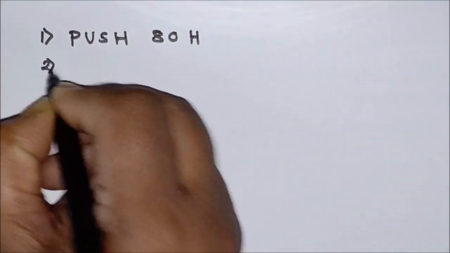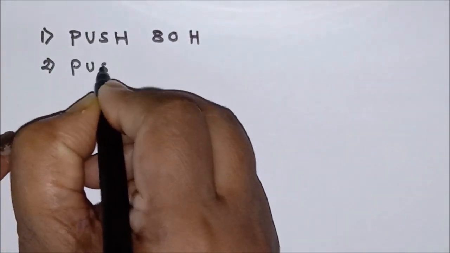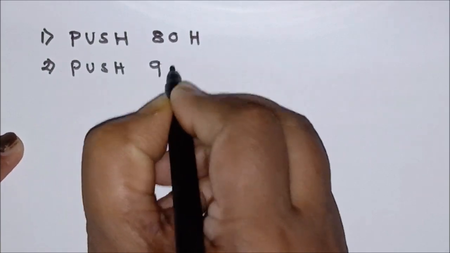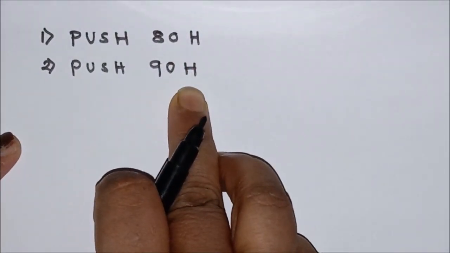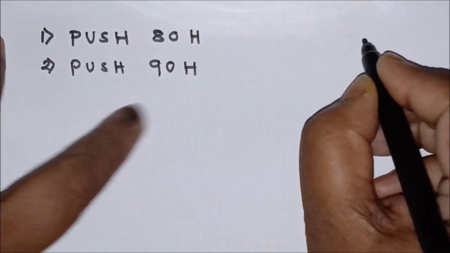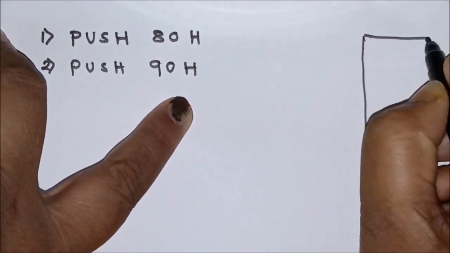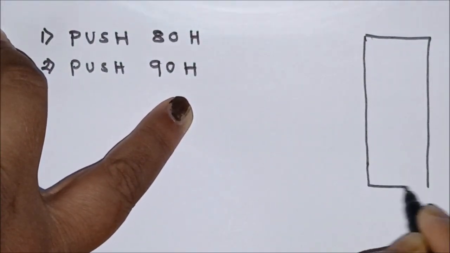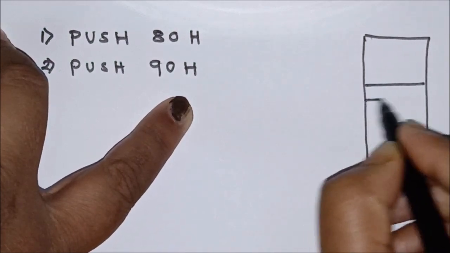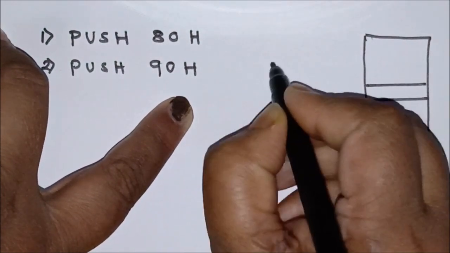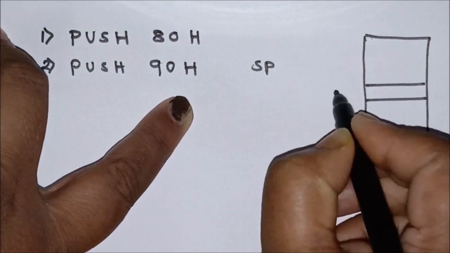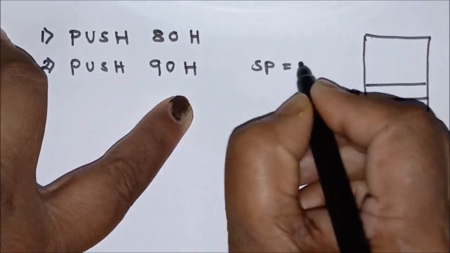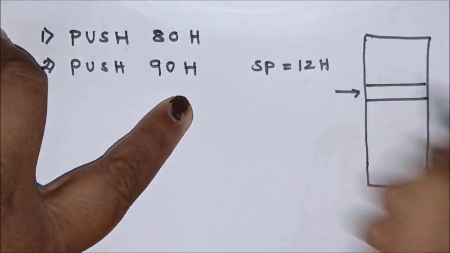Then I want to store contents of port 0 register, that is 90H register, on stack. So what microcontroller will do, we will assume that stack pointer SP is pointing to this memory location whose address is 12H.